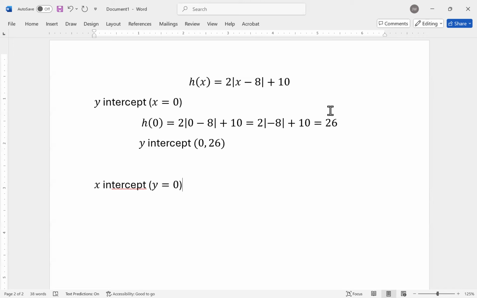In order to find an x-intercept, I'd plug in 0 for y. And just like last time, what we're going to do is we're going to say the output is 2 times the quantity absolute value of x minus 8, plus 10. And then I'm going to set that equal to 0. I'll put equal to 0 on the right-hand side. But again, if you want to write equal to 0 on the left-hand side, you could do that as well.